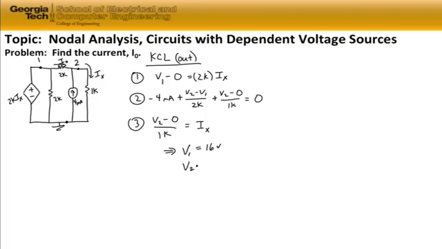We have a V2 which is equal to 8 volts. And we know that we can find I0 from that because I0 is equal to V1 minus V2 divided by 2K. And so that's 16 minus 8 divided by 2 kilo ohms. And so ultimately I0 will come out to be 4 milliamps.